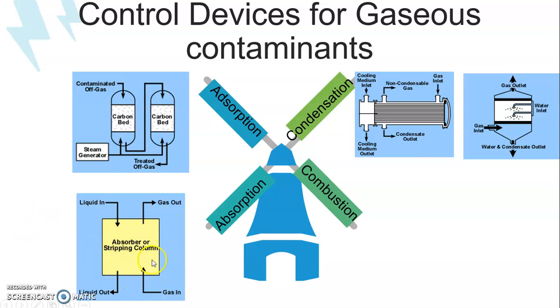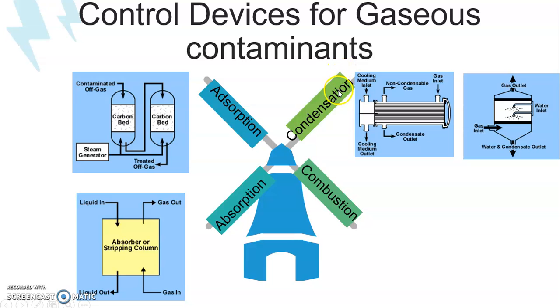The gas can come from the top part of the absorber, but normally we use it counter-current, not in parallel. The clean gas is on the top of the absorber. What we call stripping is that the liquid absorbs all the contaminants and leaves the absorber. This liquid should be treated in wastewater treatment.